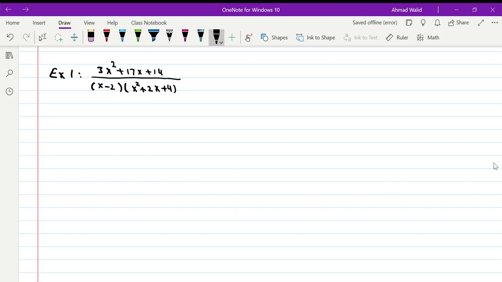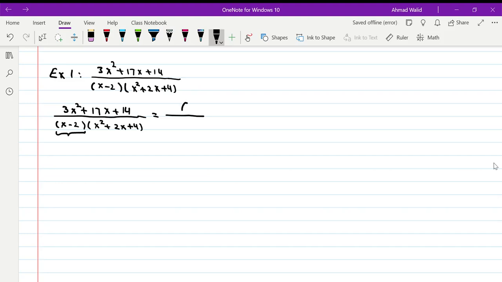Copy this one. 3x squared plus 17x plus 14 over x minus 2 times x squared plus 2x plus 4 equals, look, the first factor is linear.